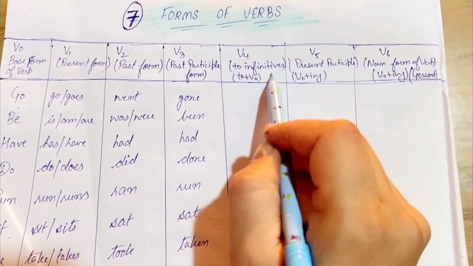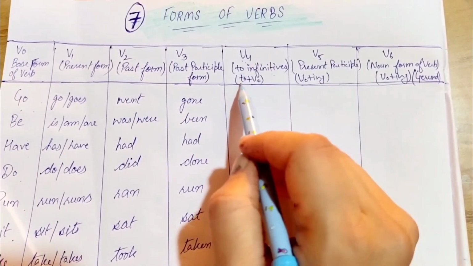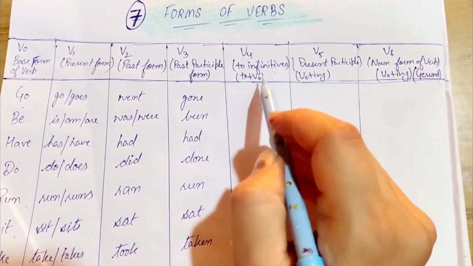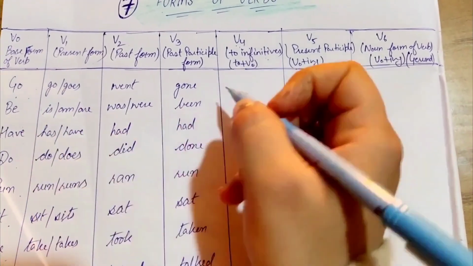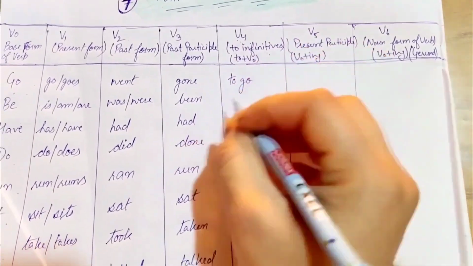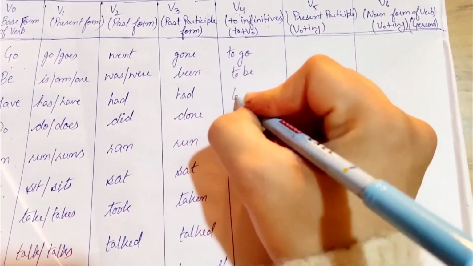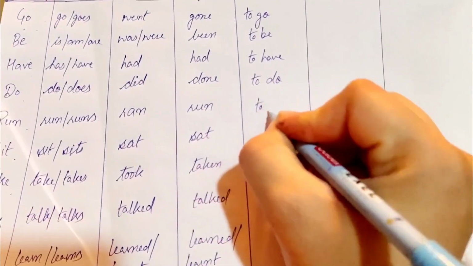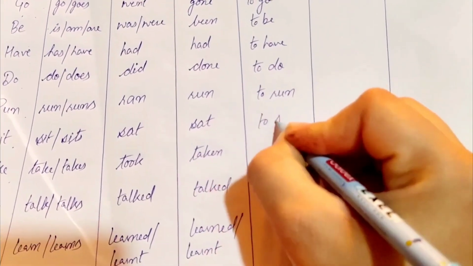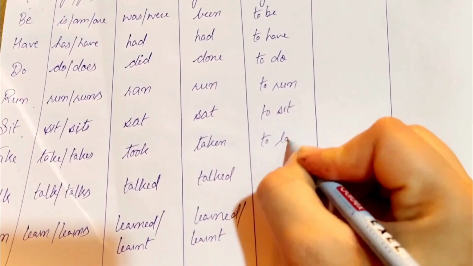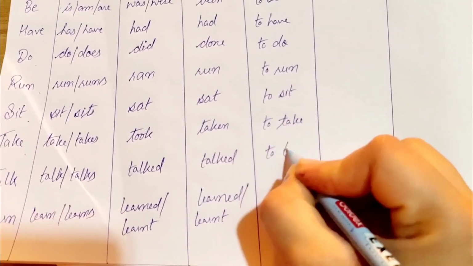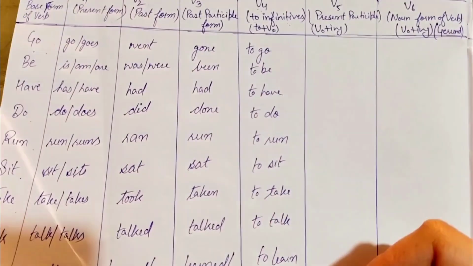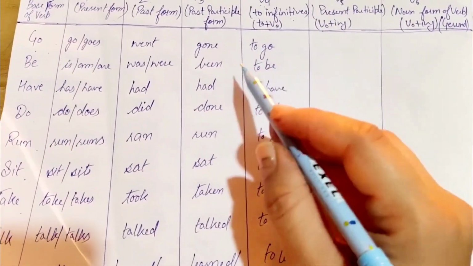These are formed by adding to plus V0, or verb base form, which means from go we make to go, to be, to have, to do, to run, to sit, to take, to talk, to learn. These are called to infinitives. To plus base form means to infinitives.